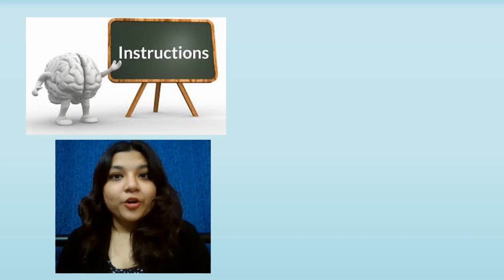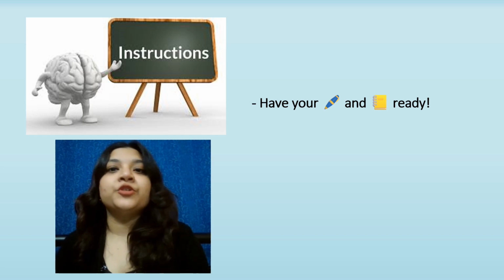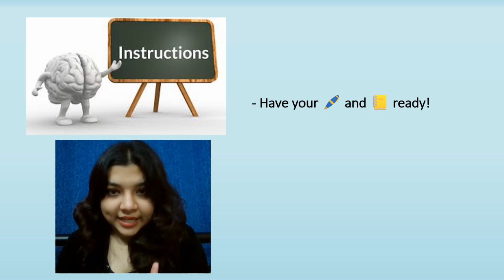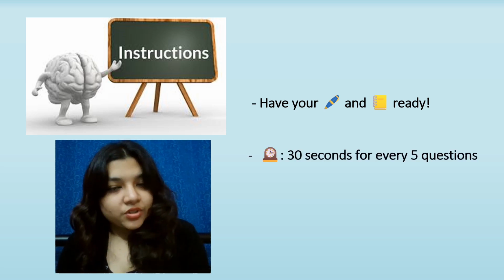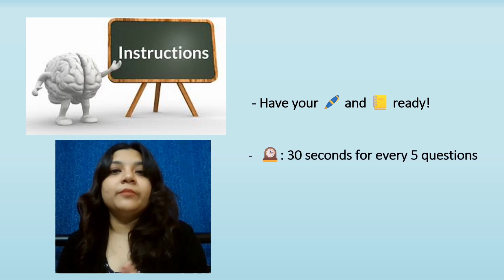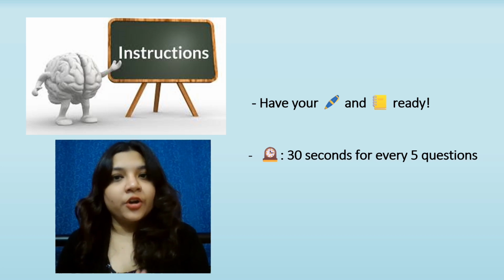Before beginning, I'll just quickly talk about the instructions. First, make sure that you have a pen and your notebook ready where you can jot down your answers. Secondly, for every 5 questions displayed on the screen, there will be a timer ticking for 30 seconds during which you'll complete your answers.